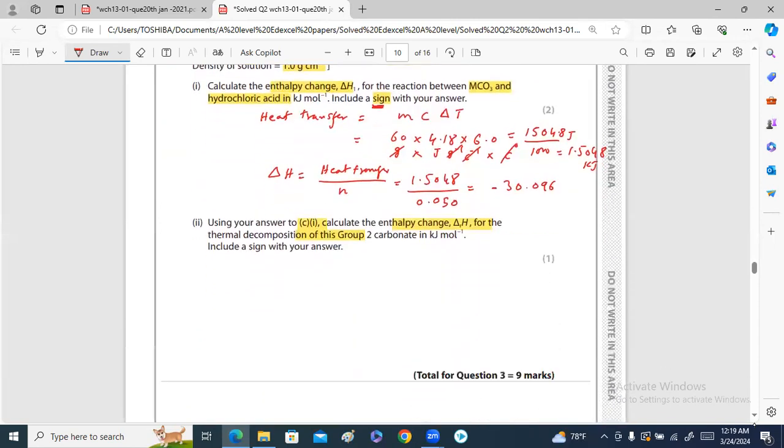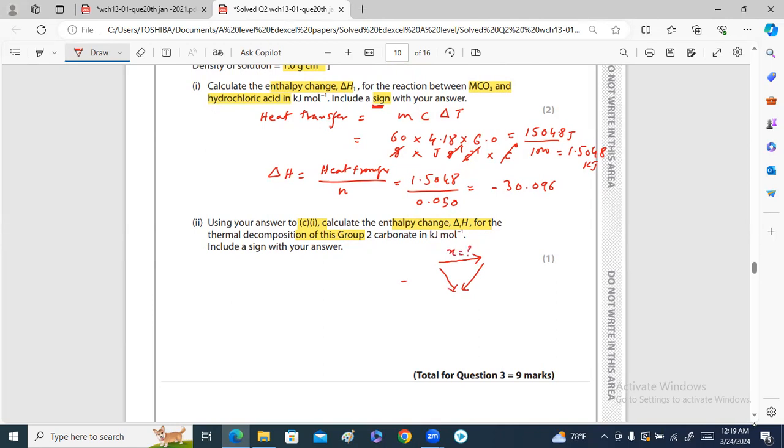Now, using the answer to this, calculate the enthalpy change for the thermal decomposition of metal carbonate. So we have a triangle like that. We're going to calculate this value.